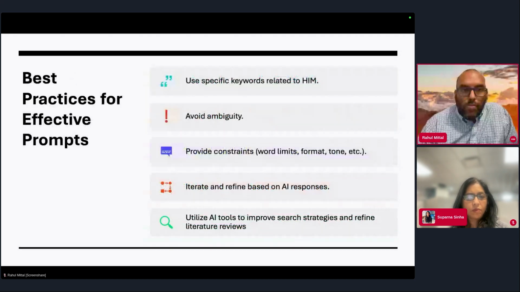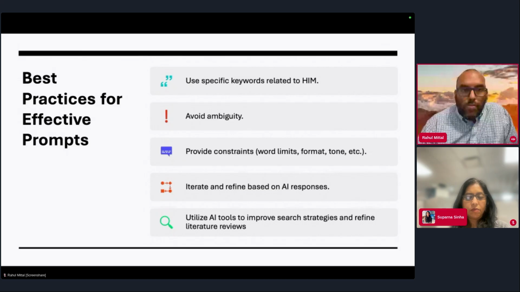The things I've been trying to teach my students, when they're using large language models in the course, is to use specific keywords related to HIM, to avoid ambiguity, and to provide constraints.